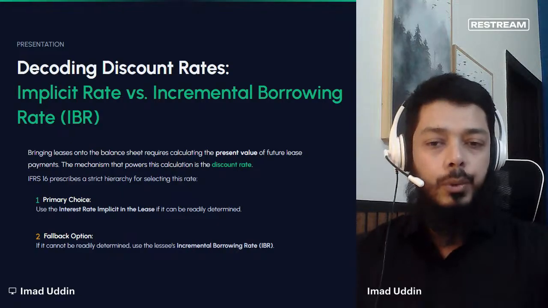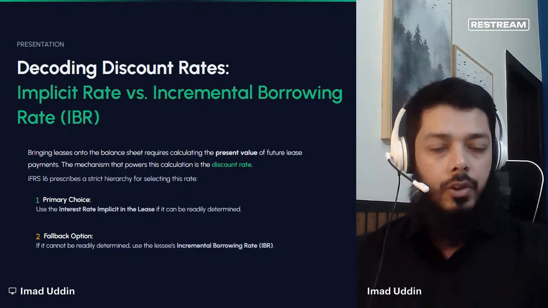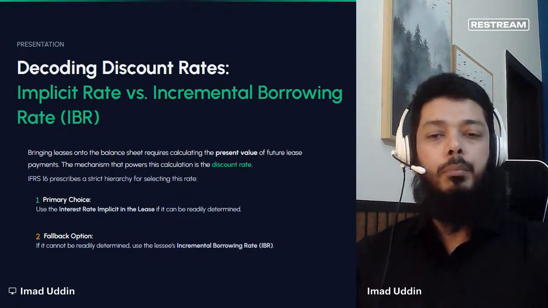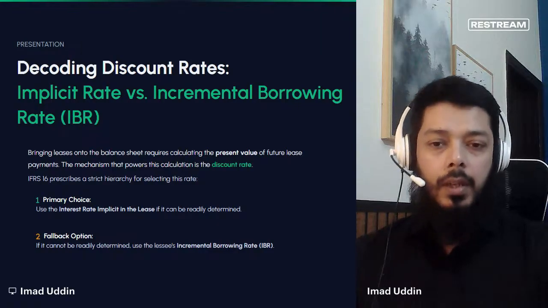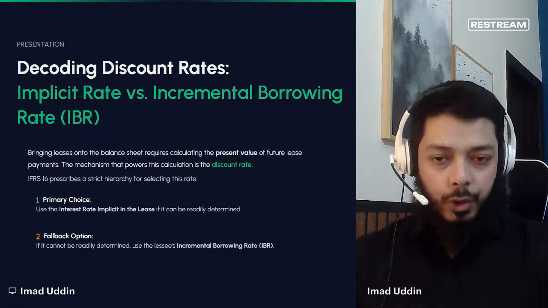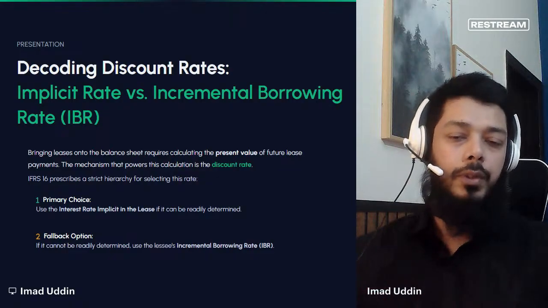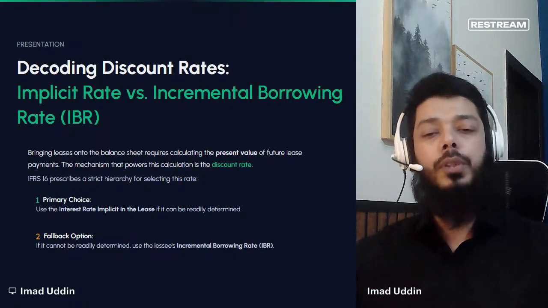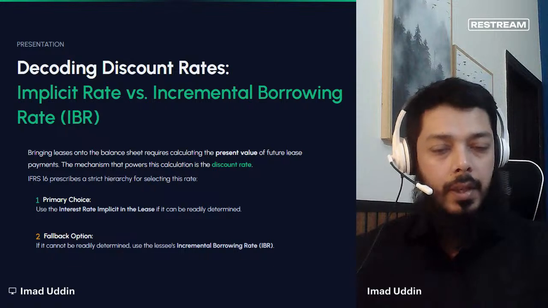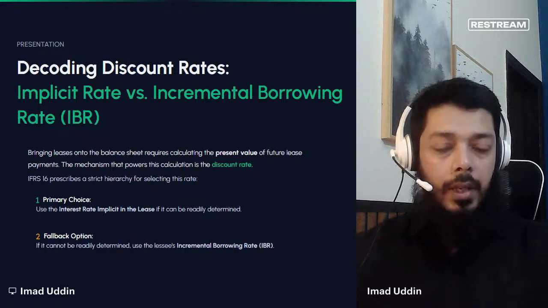The lessee can either use the interest rate implicit in the lease, or the incremental borrowing rate of interest. Note that for the lessor, we do not have this choice. The lessor only has to use the interest rate implicit in the lease. The lessee has this choice.